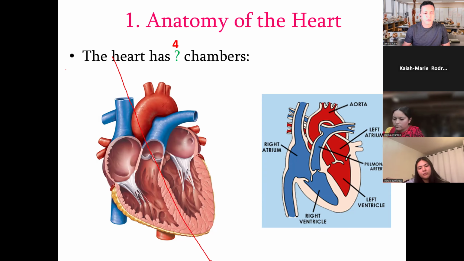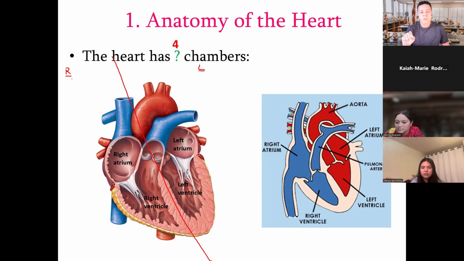So we have the right side of the heart, we have the left side of the heart. So now we can name the 4 different chambers. On the right side, we have the right atrium. On the left side, we have the left atrium. On the right side, we have the right ventricle. On the left side, we're going to find the left ventricle. Okay, so these are the 4 chambers of the heart.